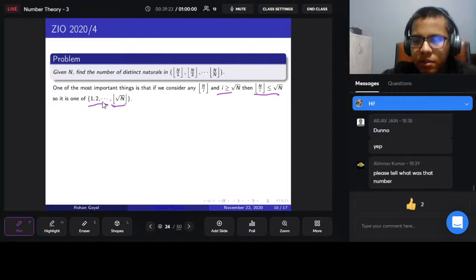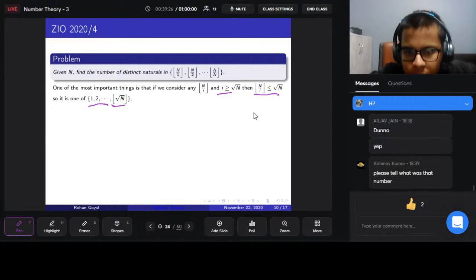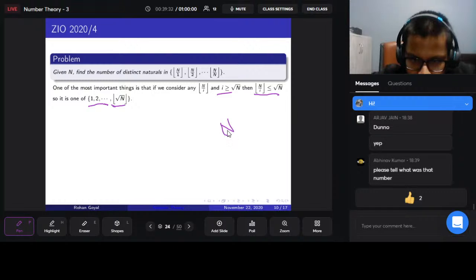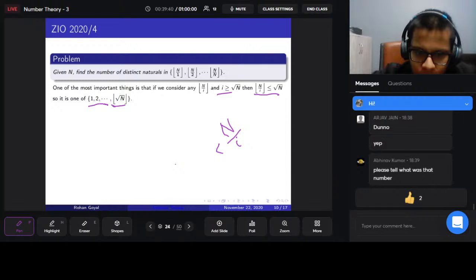I'm just saying that n by i is greater than floor of n by i.